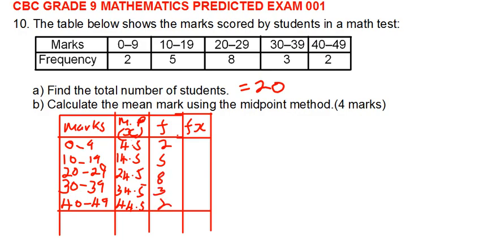Now we multiply the midpoint, x, by f. This is where we got 9. Here we got 72.5. We got 196. Then we got 103.5.